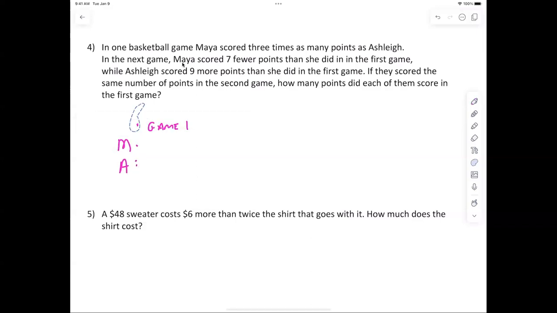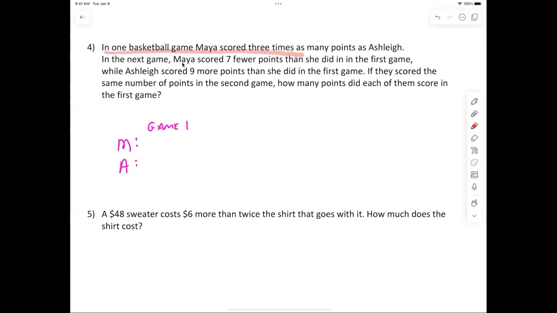What is the relationship between Maya and Ashley? How many points did Maya score and how many points did Ashley score? Now, what I'm trying to tell everybody is this was the hard part for me at first until I finally figured this out.